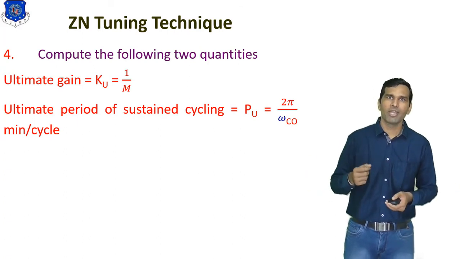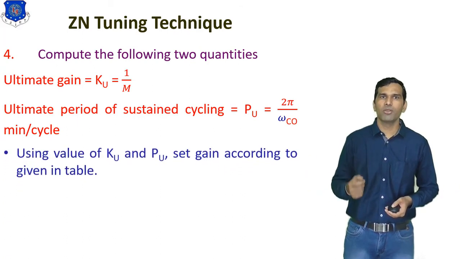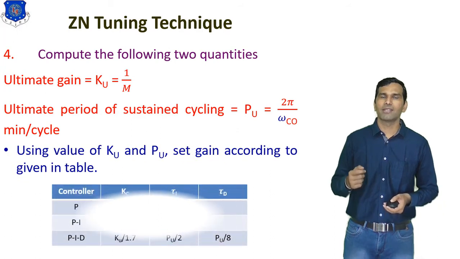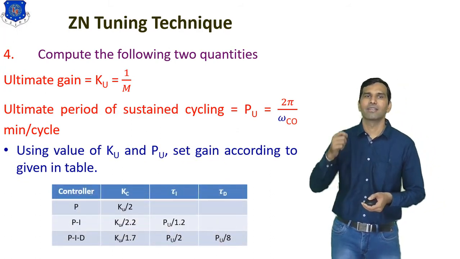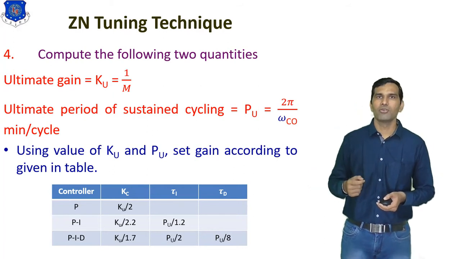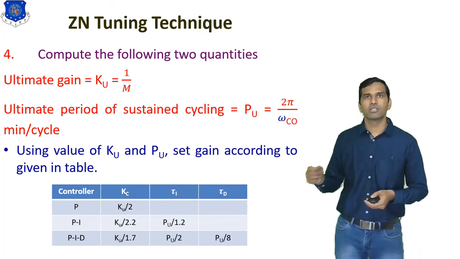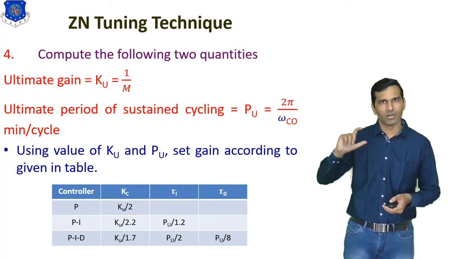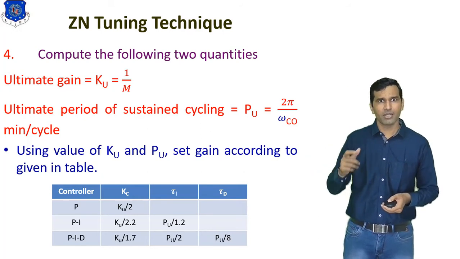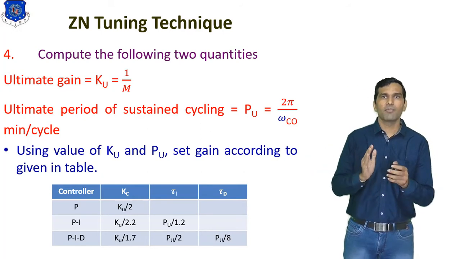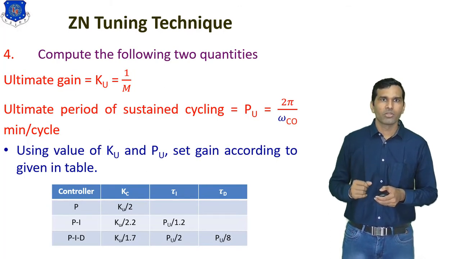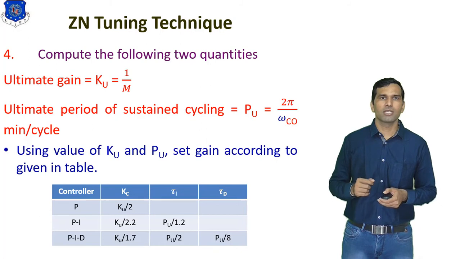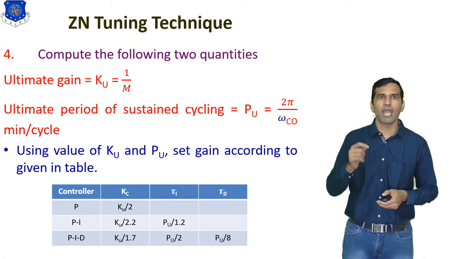Now we have the values of Ku and Pu, so we can get the values of Kp, Kd and Ki using this table. As we discussed in the reaction curve method, for the proportional controller only, we find the value of Kp using Ku by 2.